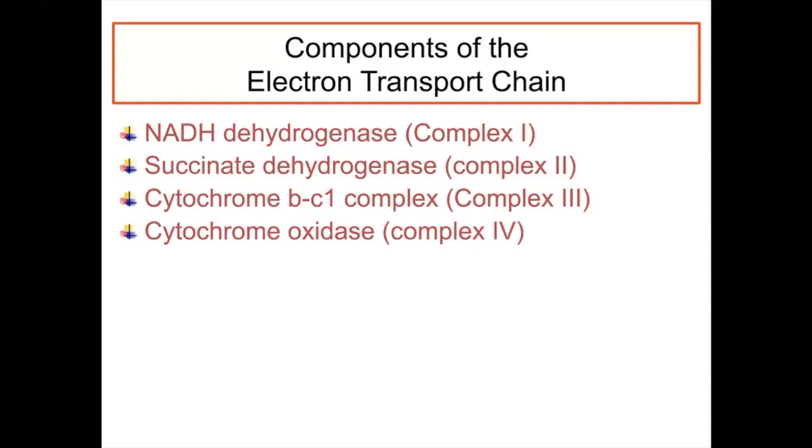This is NADH dehydrogenase. Complex 2, this is succinate dehydrogenase. Complex 3, this is cytochrome complex. And of course, complex 4 is cytochrome oxidase.